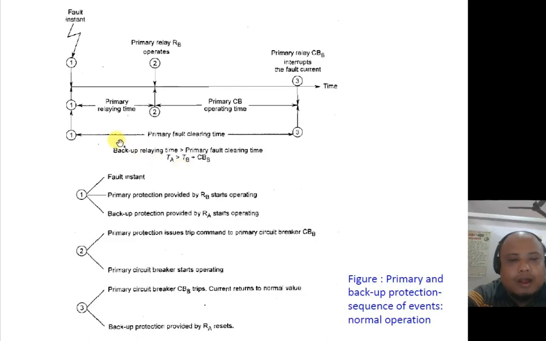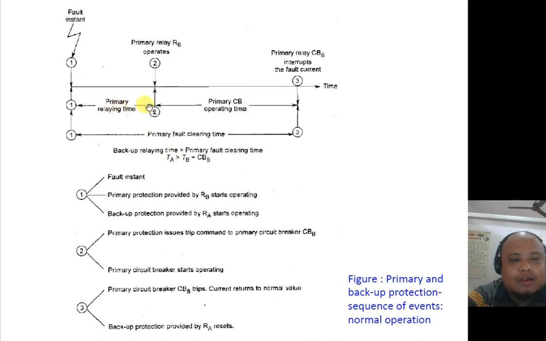So that's why primary relay operating time RB plus the circuit breaker operating time CBB, the operating time of backup relay has to be greater than this plus this. Okay.